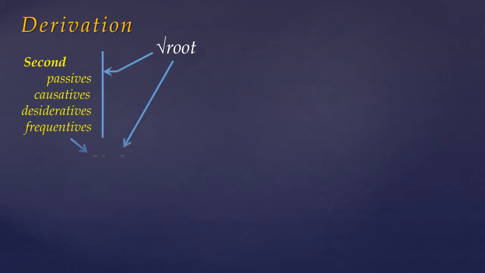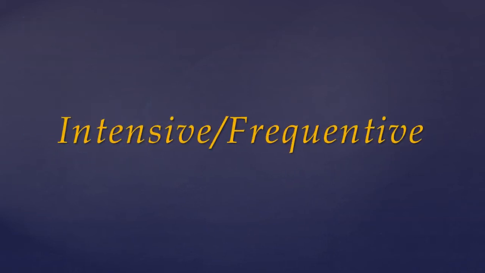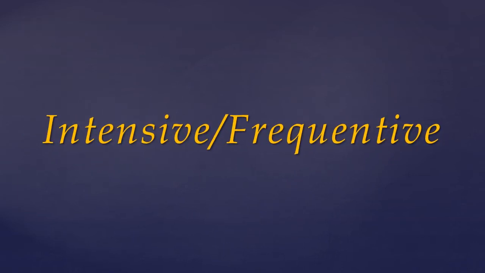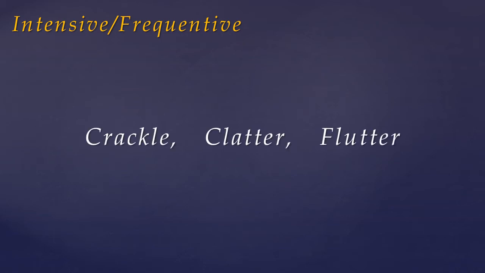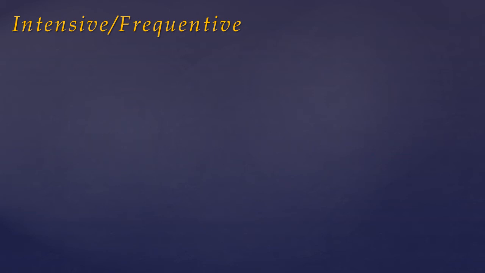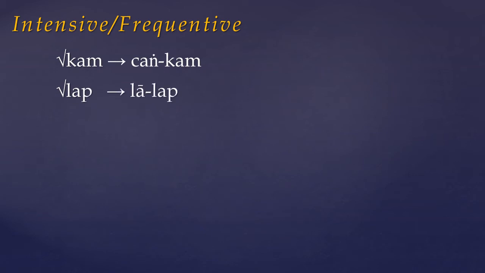Okay, so now let us return to the secondary verbal derivative known as the intensive, but more usually in English grammar it's called a frequentive. These types of terms imply that the action is done repeatedly or intensely. They're words like to crackle, clatter, or flutter in English. And in Pali they can be recognized by the fact that the verbal root is duplicated.